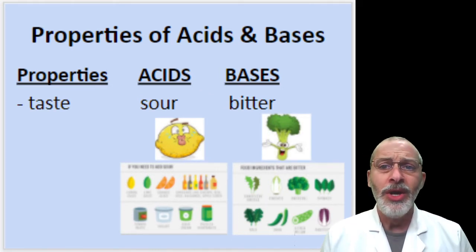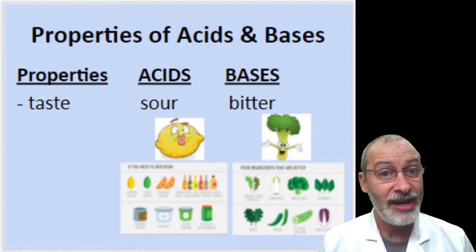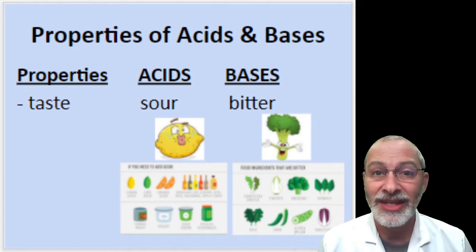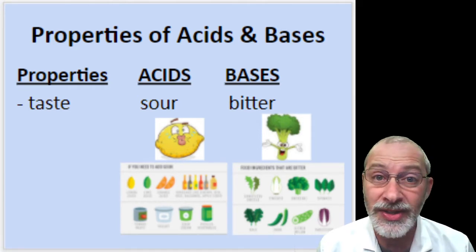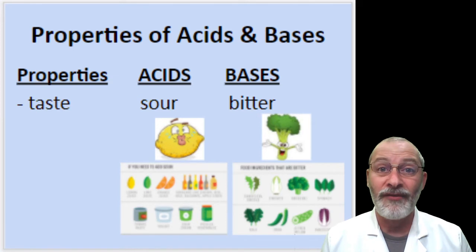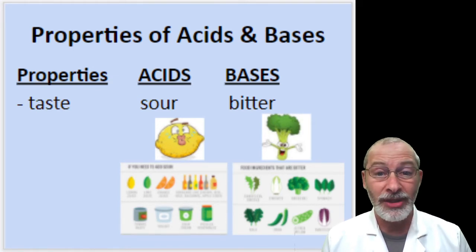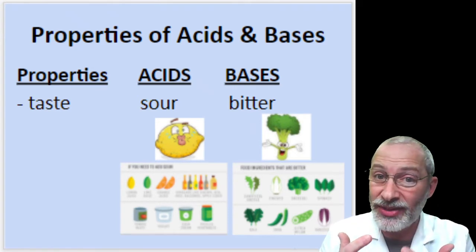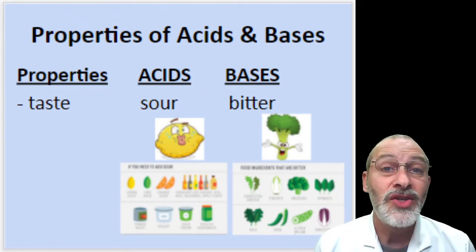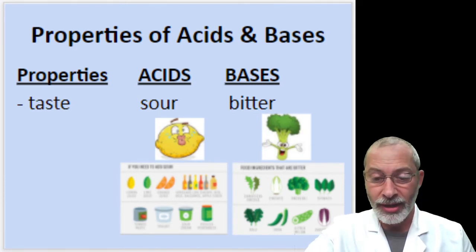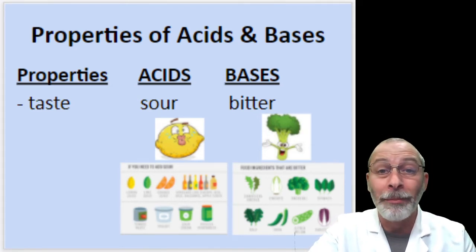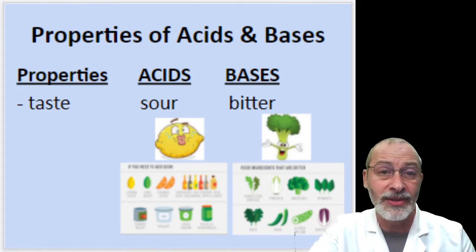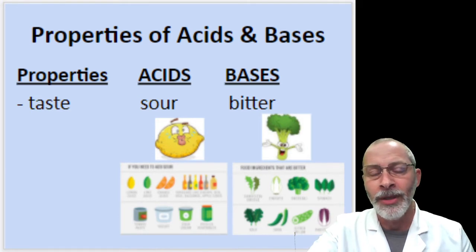So even though we are never going to taste test in the laboratory, you have already taste tested lots of food and drinks in your life, and you are familiar with this property of acids and bases. And as I mentioned, even though we're not going to taste things in the lab, we can still smell things, and odors can be either sour or bitter as well. So there's the first property of acids and bases, and this is really the most tangible one as far as our senses are concerned.